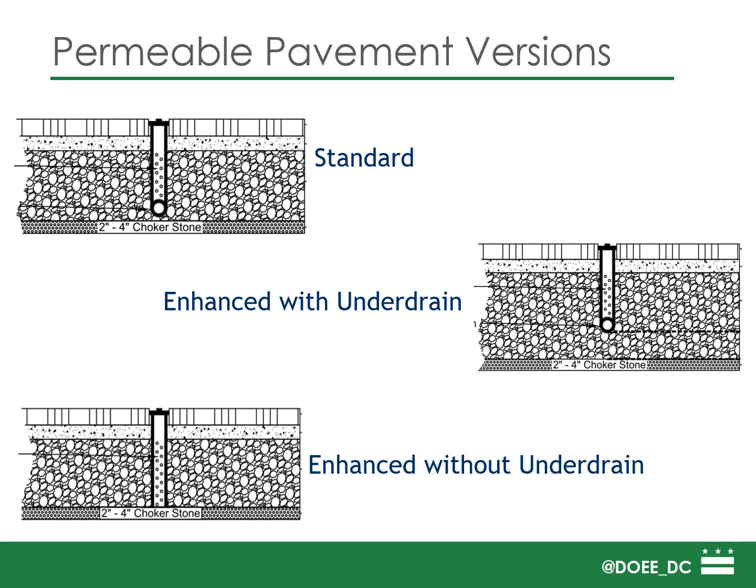It's a kind of hybrid of a standard system on the top, and then there's a reservoir, a sump, underneath the underdrain. So you may have soils that have an okay infiltration capacity. They can infiltrate what's in that sump layer, but not the full reservoir layer if there were no underdrain. So it's a bit of a hybrid between the standard and the enhanced without underdrain.